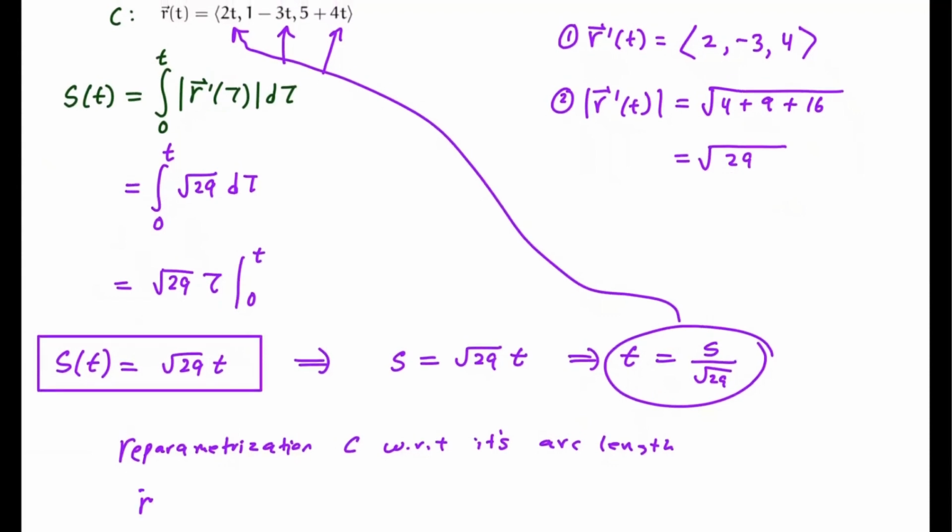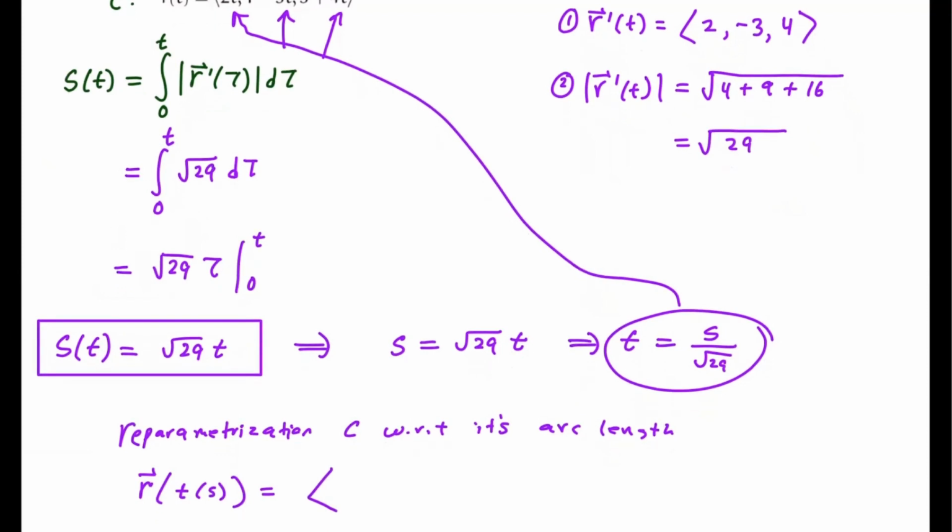So our r of t of s, the first component is 2 times t. So that's 2 times s over square root of 29.